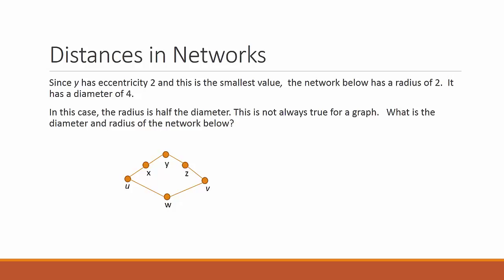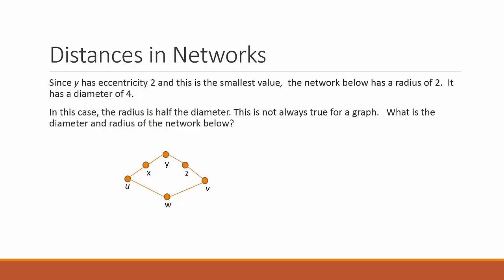But we might notice that this is true for all of the nodes. If you look at W, it can reach U and V on a path of length 1, X and Z on a path of length 2, and Y on a path of length 3. Each of these nodes has eccentricity value 3.